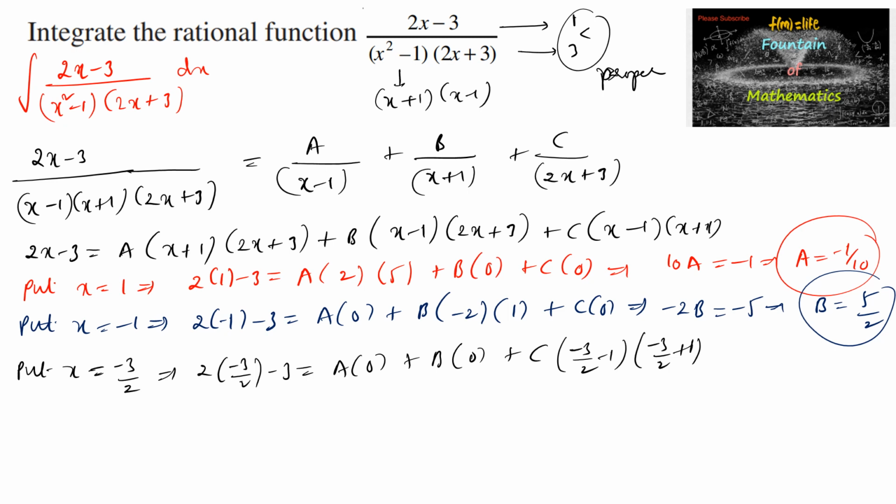So which implies that minus 3 minus 3 that is minus 6 is equal to minus 5 by 2 into minus 1 by 2 times of c. So c is equal to 6 4s are 24, 24 upon 5 negative. So that is the value of c.